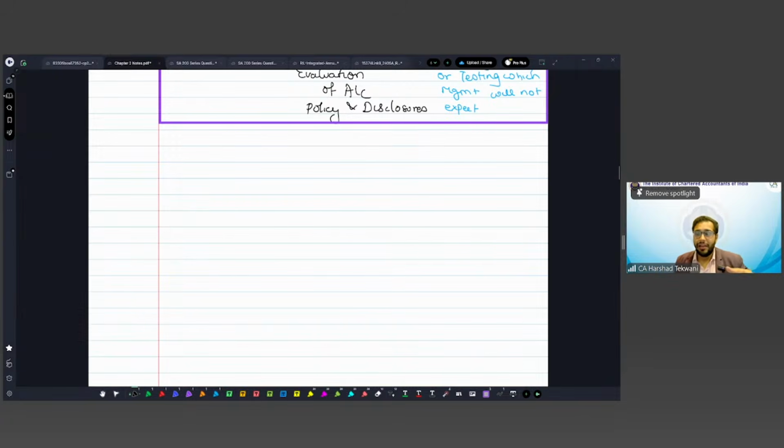For example, if the entry is of 1,000 amount, it can be approved by a manager. If the entry is of 10,000 or 1 lakh rupees, it has to be approved by a senior manager. If the entry is of 1 lakh to 1 crore, it has to be approved by the CFO. So a manager can approve entries up to 10,000 or 1 lakh rupees. A senior manager can approve entries up to 1 lakh, 10 lakh rupees. The CFO can approve entries up to 1 crore, 10 crores, and beyond 10 crores, board approval is required.